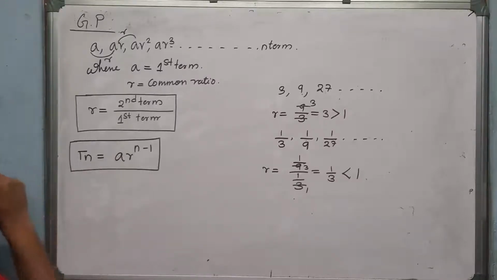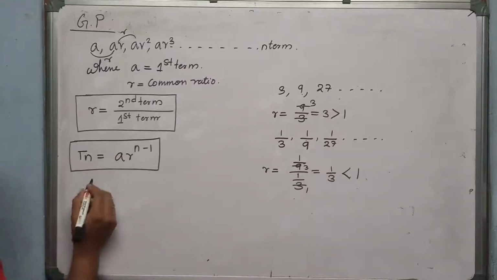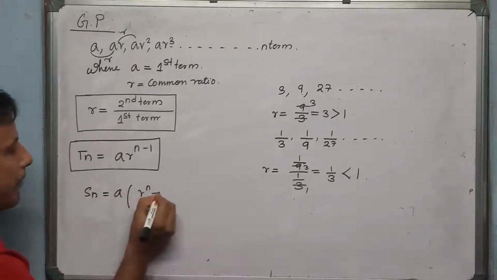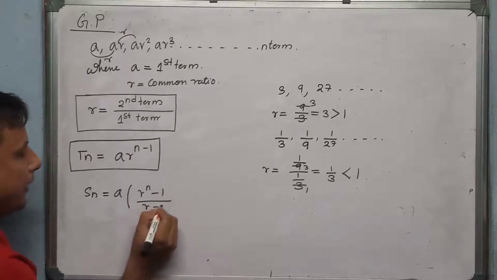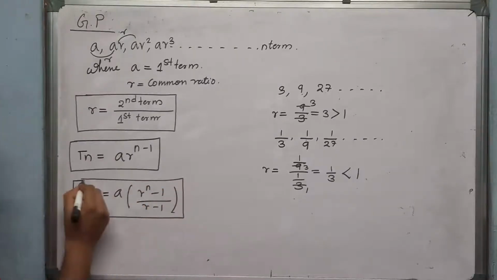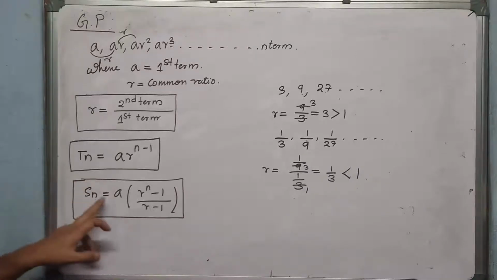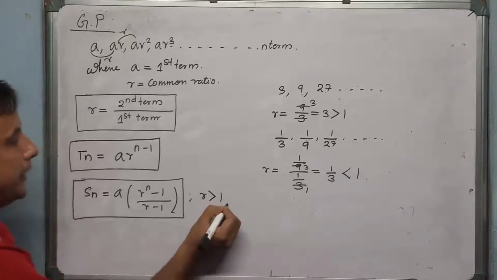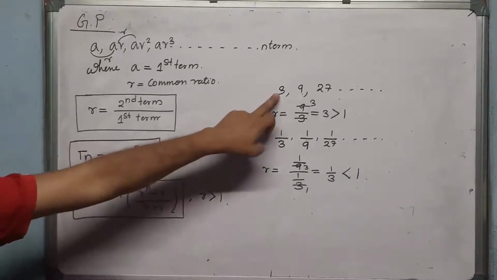Now next is the sum of n terms of a GP. Sn is equal to A times R to the power n minus 1, divided by R minus 1. This is the sum of n terms formula. Keep in mind that you use this formula if the common ratio is greater than 1, for this kind of series, 3, 9, 27.